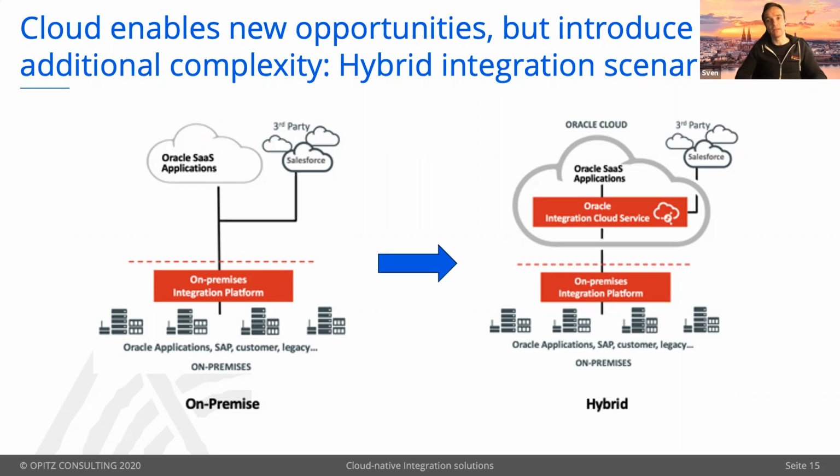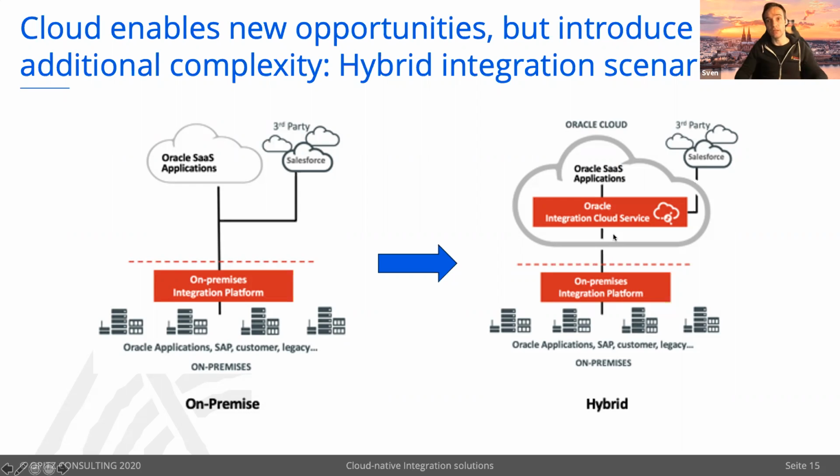So how to deal with that? You have to deal with having an on-premise integration platform still, and maybe also build another integration platform in the cloud, and then connect those two integration platforms with each other.